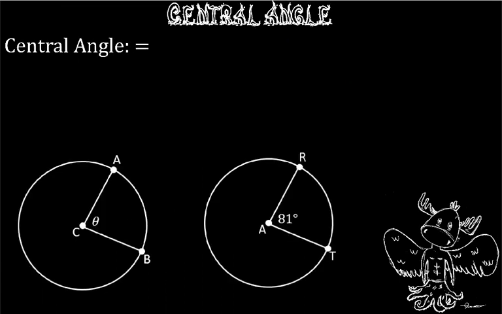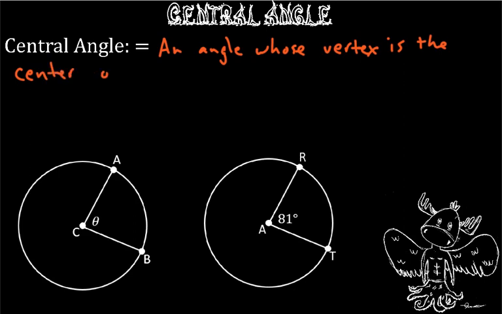Now we're going to move on to central angles. I'm going to give a little definition here. A central angle is an angle whose vertex is the center of the circle and whose endpoints are on the circle.